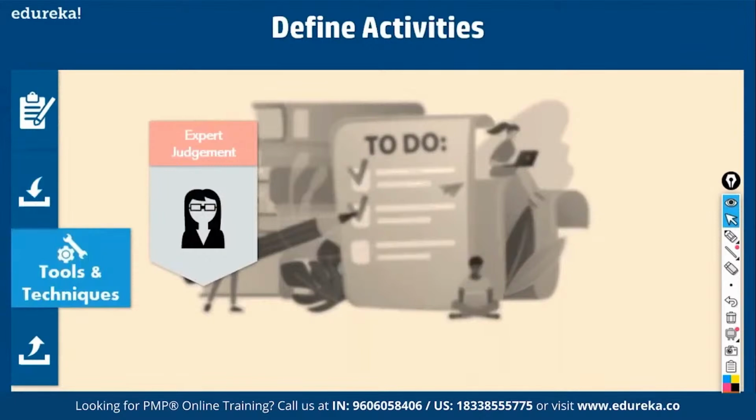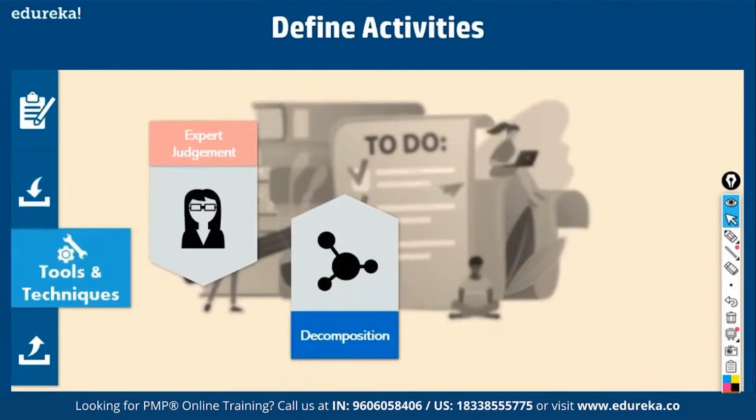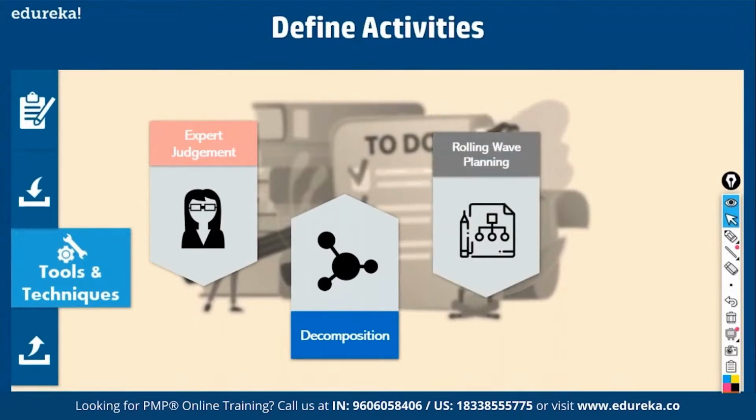Then what are the tools and techniques? Expert judgment, to define what type of expertise you require. Decomposition. What is decomposition? Breaking it down, right? And rolling wave planning. What is rolling wave planning? See, this is a very interesting concept. In waterfall projects, we have projects that may run for 12 months, 24 months, and so on, isn't it? We cannot plan for the entire 12 months right now. You will plan for short durations of 3 months or 2 months, whatever it is, depending on the complexity of the project.